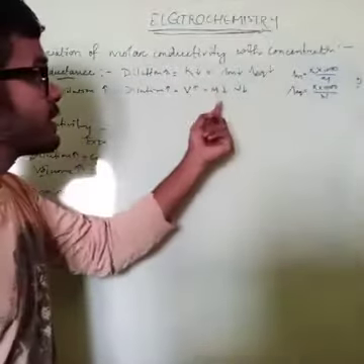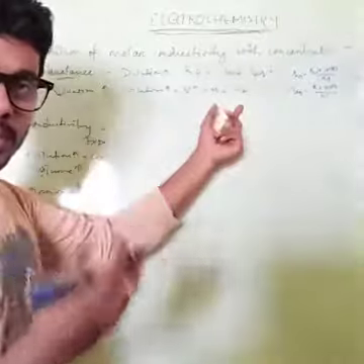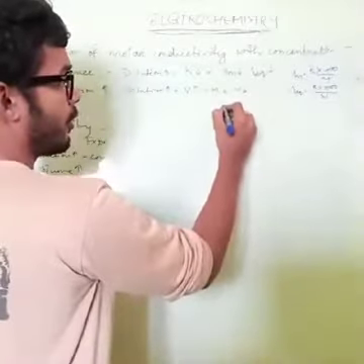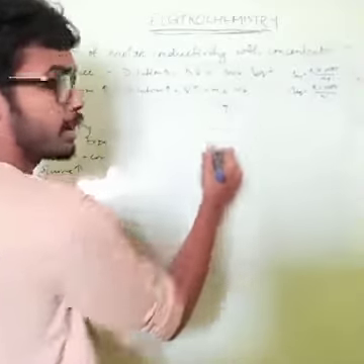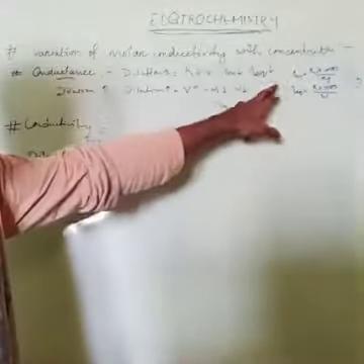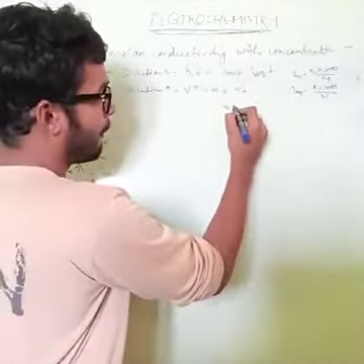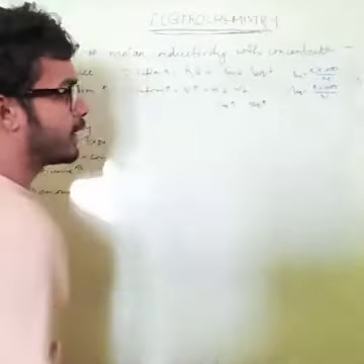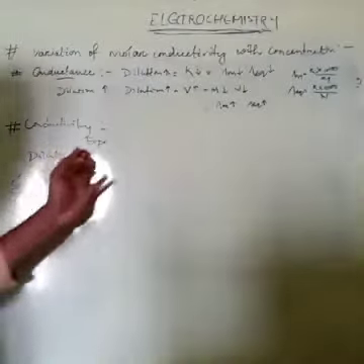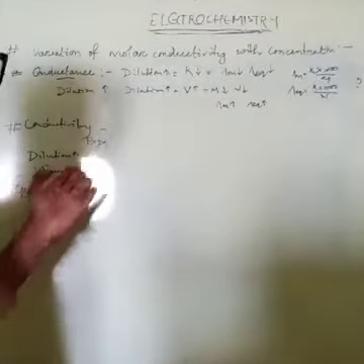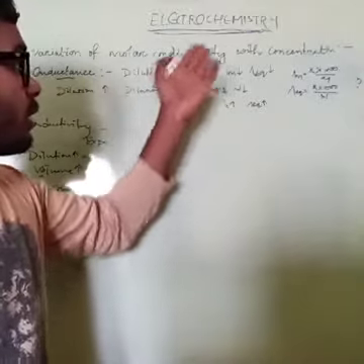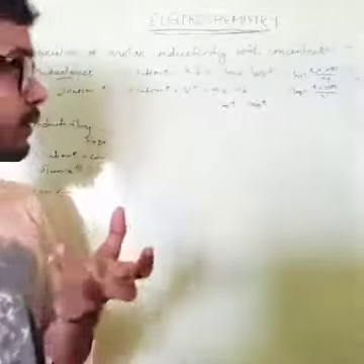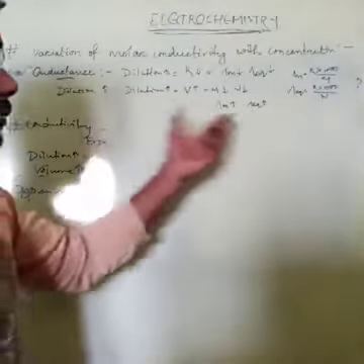If the concentration terms decrease, the concentration of the solution decreases, then what happens to molar conductance and equivalent conductance? Increases. This will again increase, because we have seen that if dilution increases, the conductance value increases.